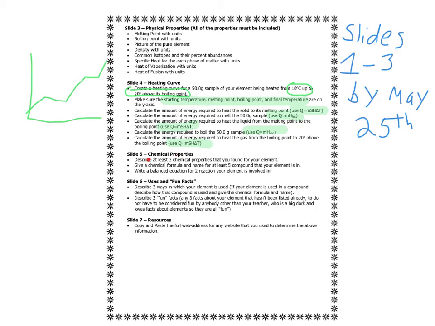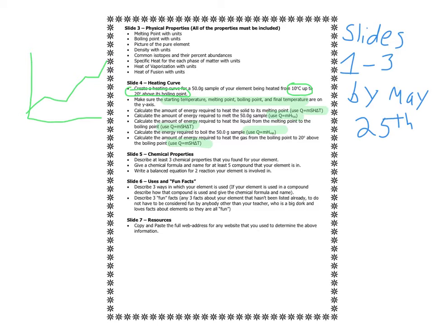Slide 5 is chemical properties. You're trying to look for 3 chemical properties of your element. You could probably just search your element and the phrase chemical properties, and you should be able to find 3 of them relatively easily. Now, you can go beyond 3, but Mr. Orr and I are looking for a minimum of 3.